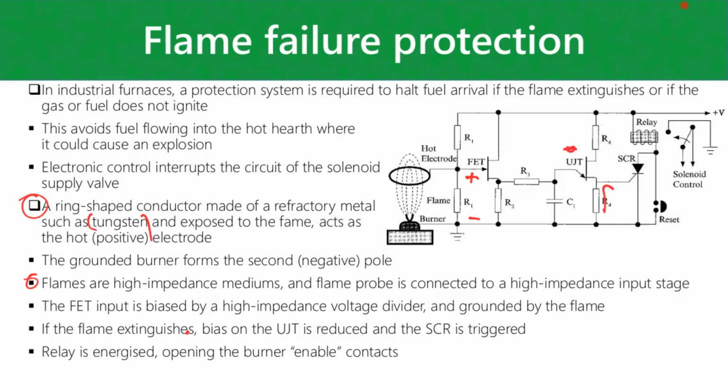Actually, no, I'm lying here. So you're going to get conduction through here, and that's then going to trigger that SCR, and that's then going to trigger the relay, which is then going to trigger your solenoid control. So basically it's going to close off the fuel solenoid to the burner, and that's in the event when the flame goes out.